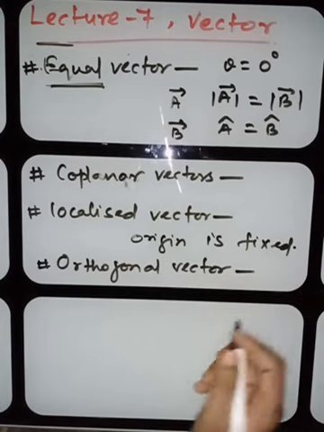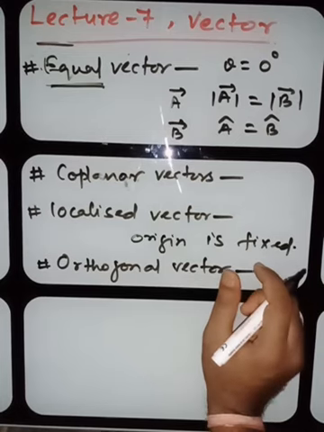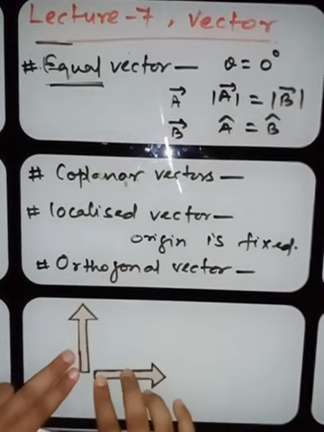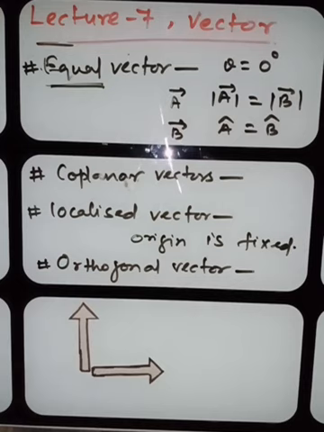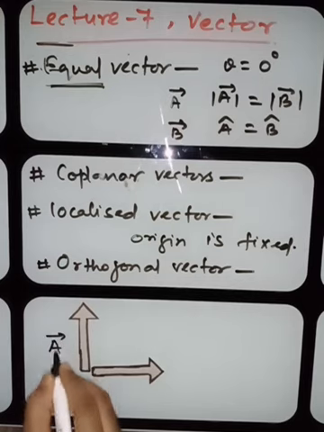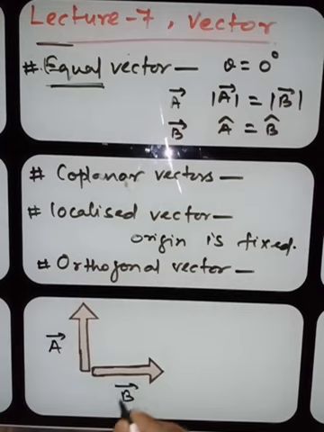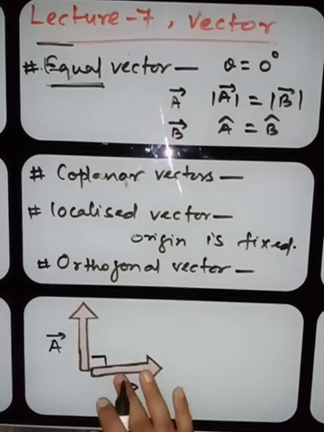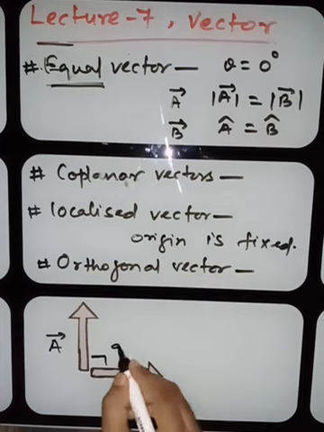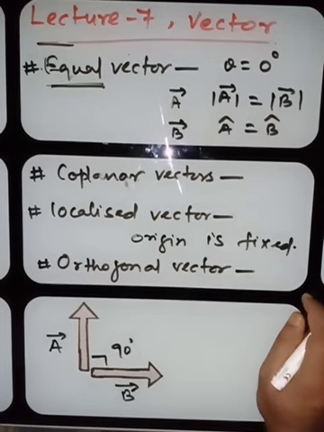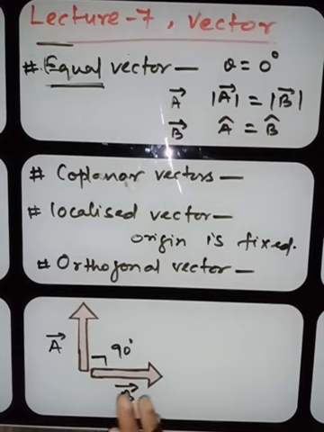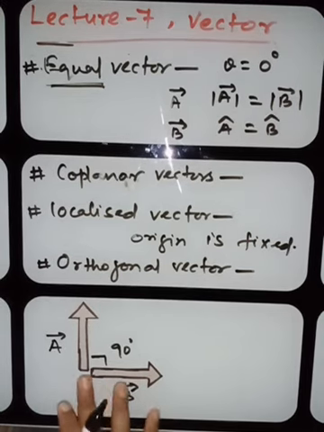So for orthogonal vectors, if two vectors are perpendicular to each other, I put vector A and vector B. These two are orthogonal because the angle between these two vectors is 90 degrees. So this will be considered the orthogonal vector. All vectors, if they are inclined at 90 degrees, are considered orthogonal vectors. Now the null vector.